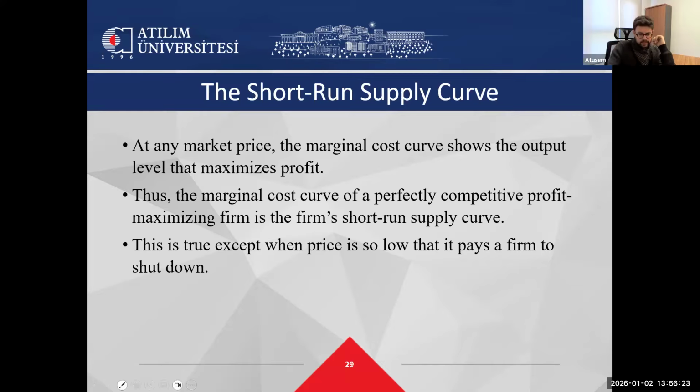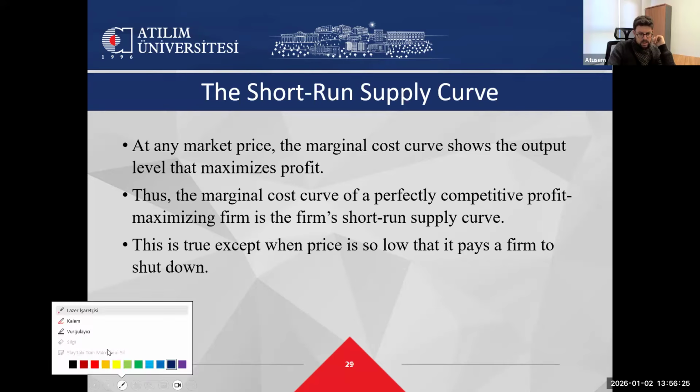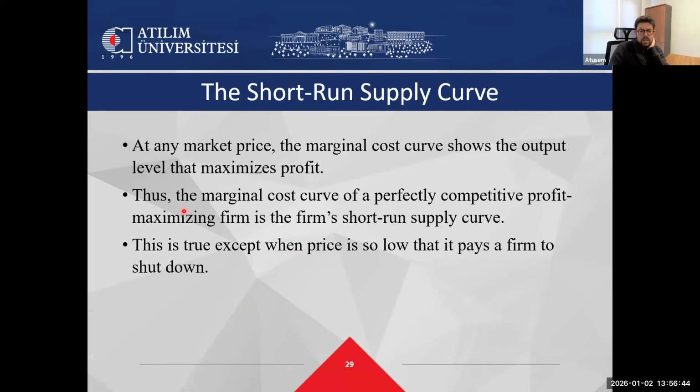So when marginal cost equals, how can I say, average variable cost, that is the minimum point of the continuum of production. Maybe I can write over here. Let's check. Marginal cost curve, perfect competition.